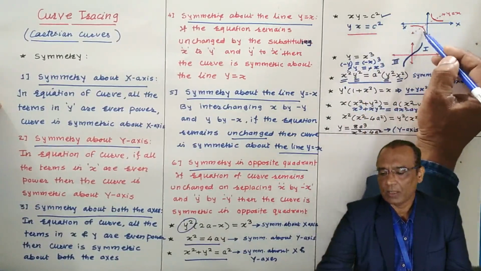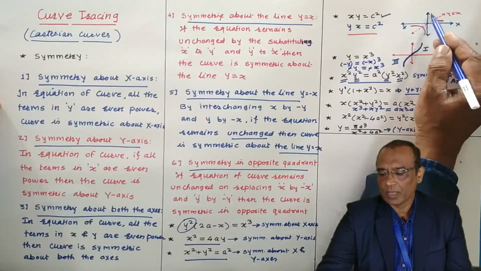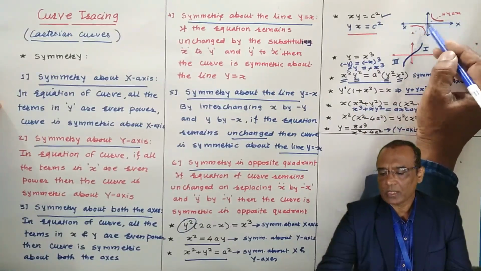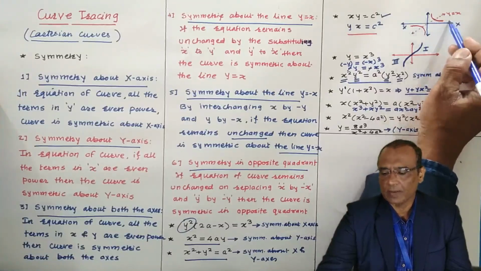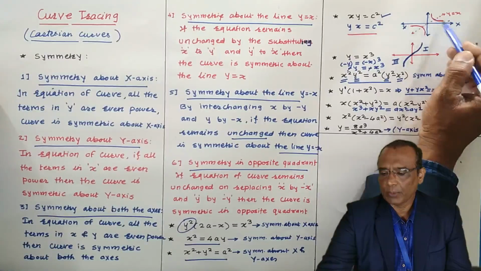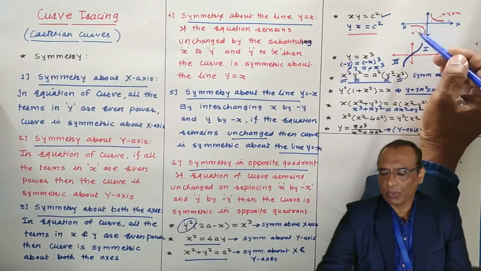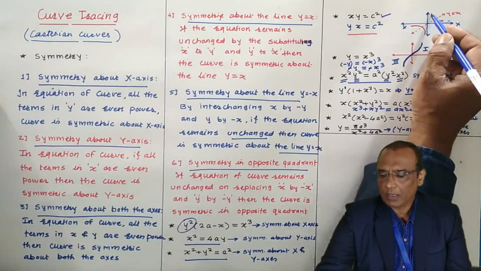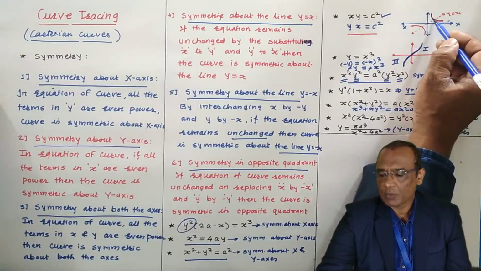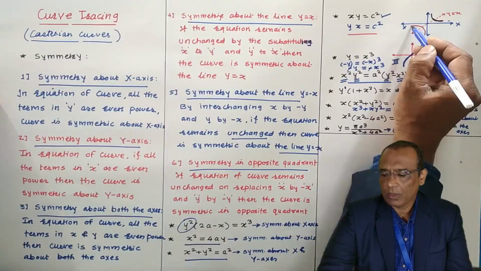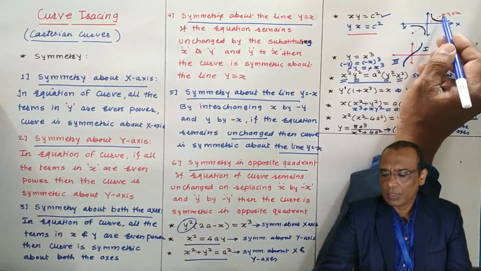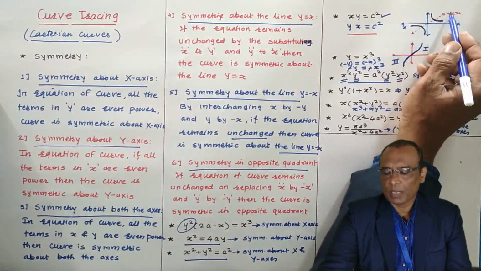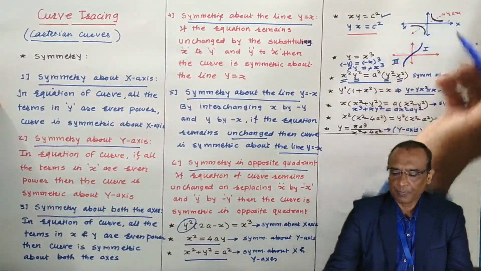This is the curve, and y equal to x is this line, which makes an angle of 45 degrees with the x-axis. See, this part is symmetric with this part, this much part above the line and the same part below the line. This means the rectangular hyperbola is symmetric about the line y equal to x.